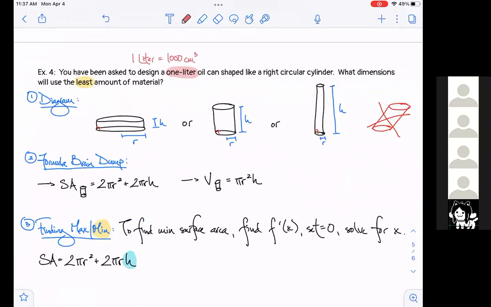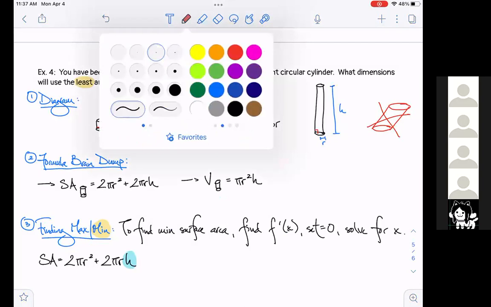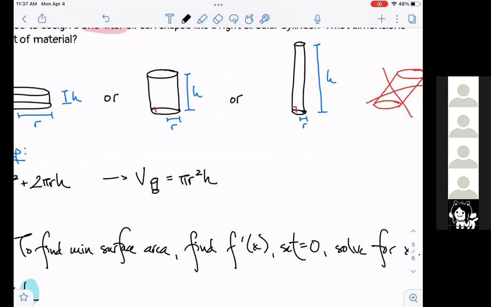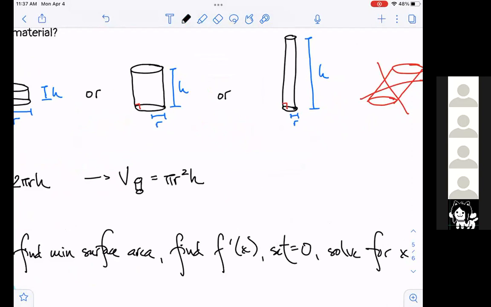Now, a liter is also talking about how much volume is inside of a container. What that means is we can take this volume equation and say we actually have 1,000 cubic centimeters, and that equals pi r squared h.